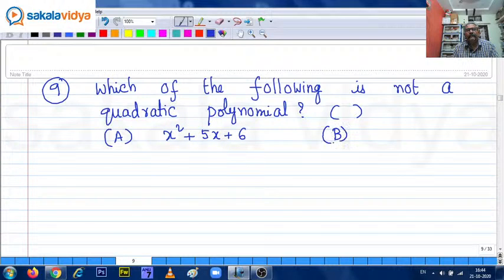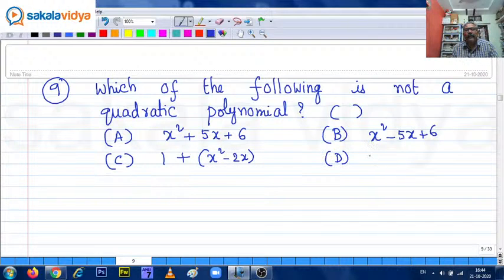B, x square minus 5x plus 6. C, 1 plus x square minus 2x. D, x minus 2 into x plus 2 minus of x square plus 5x. So which of the following is not a quadratic polynomial?